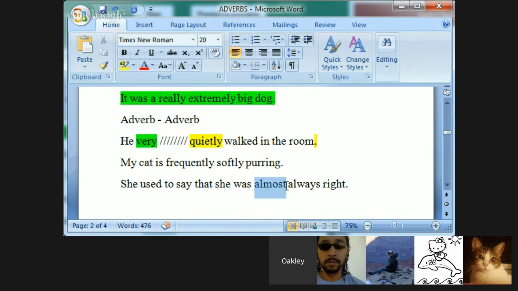Almost is clearly modifying always. That's not the tricky part. What is always modifying? She was always, or always right? Does always modify right? This is really tricky. Going back to talking about whether the adverb is modifying the adjective or the verb, oh my God! In some cases, guys, I can't tell. Neither can you.